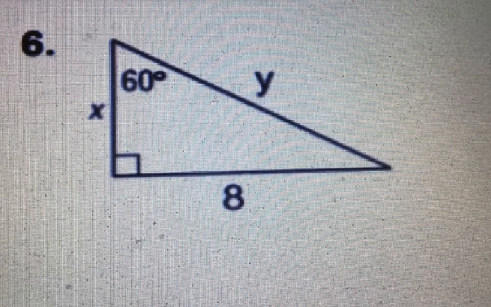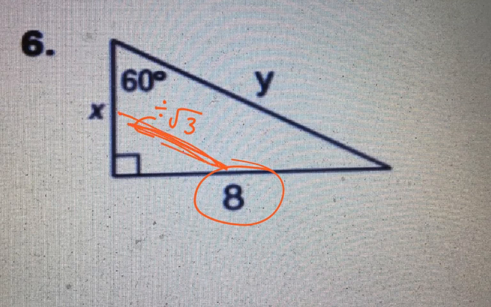Okay, guys, pause it and give this one a shot. All right, let's see how you did. Because the 8 is the medium side, did you divide, not multiply, by the square root of 3? The ratio here, in other words, guys, is always going to be square root of 3.